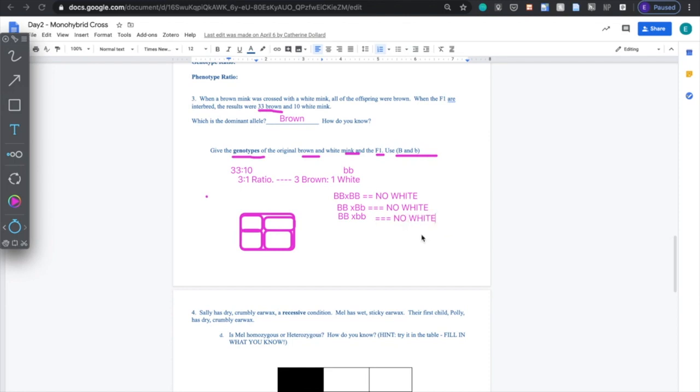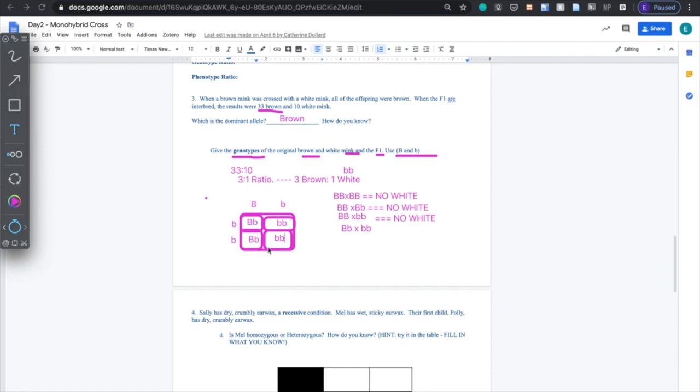So now we're going to try another combination. We're just going through these different combinations by trial and error. We're going to put that one in our Punnett square. Heterozygous on the top, homozygous recessive to the side. We're going to fill that in. We are getting some white individuals finally, right? So we get that lowercase b, that means they're going to be white, homozygous recessive. That's a good sign.